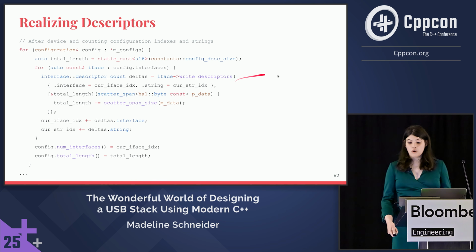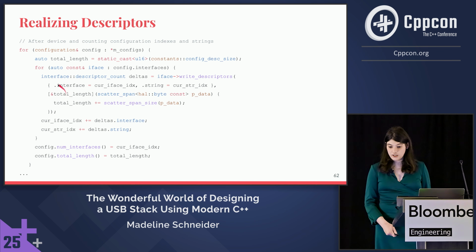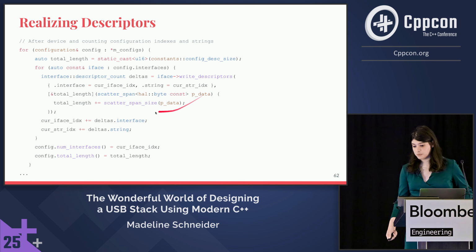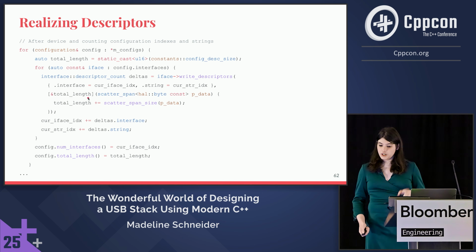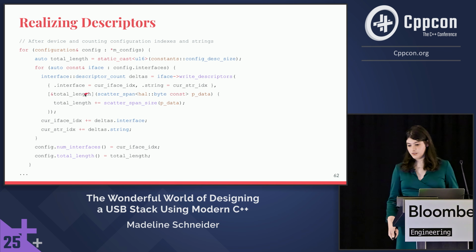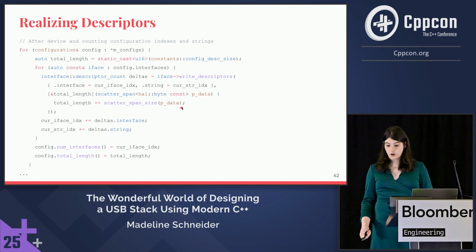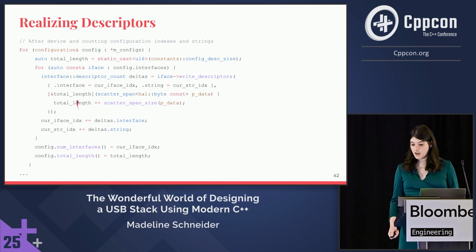Then we're going to iterate over all of the interfaces that configuration has. And we're going to then call write descriptor. But instead of giving it the control endpoint, we're just going to give it total length. And we're just going to say, instead of writing out the data that you are passing this function, just give me the size of it and add it to total length.